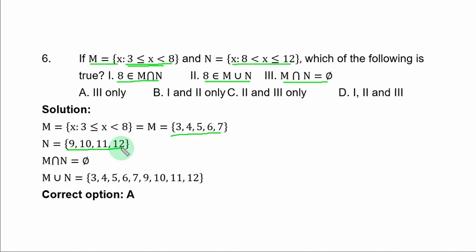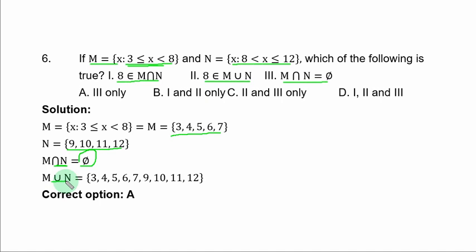So by the option, we have to look for intersection and union. Now let's look for intersection. What is common to set M and N? There is no common element. That means the intersection is an empty set and the union is simply the combination of all the elements, that is 3, 4, 5 till 12.